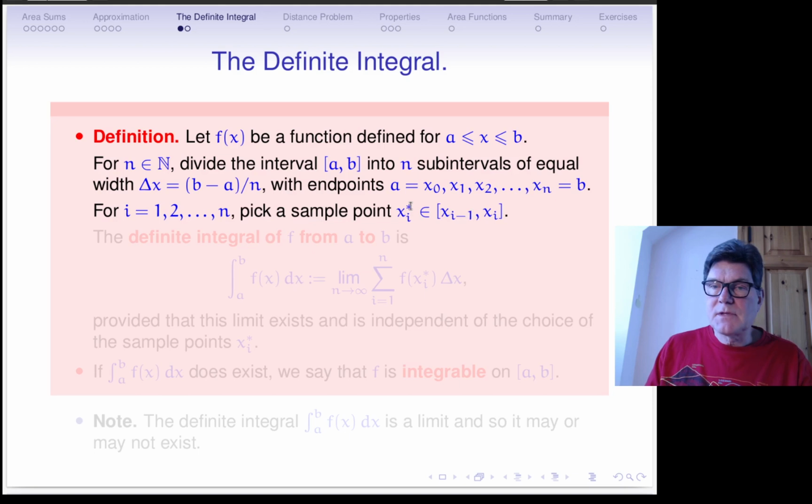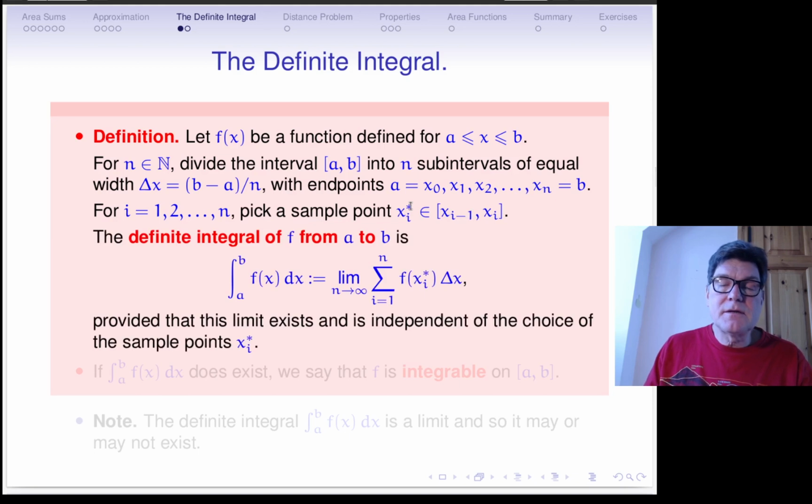Then we define the definite integral of the function f from a to b through this notation, which we pronounce as integral from a to b of f of x dx. Define this as before as the limit as n goes to infinity of this sum of areas of approximating rectangles, or just as the sum of these products f evaluated at xi star times delta x.